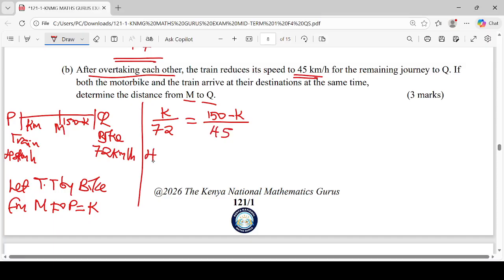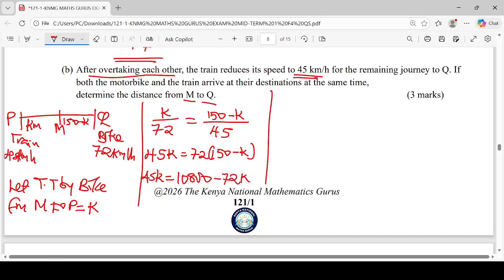This will become 45K is equal to 72 into 150 minus K. So 45K equals, and here you need to be keen, 72 times 150, which is 10,800, minus 72K.